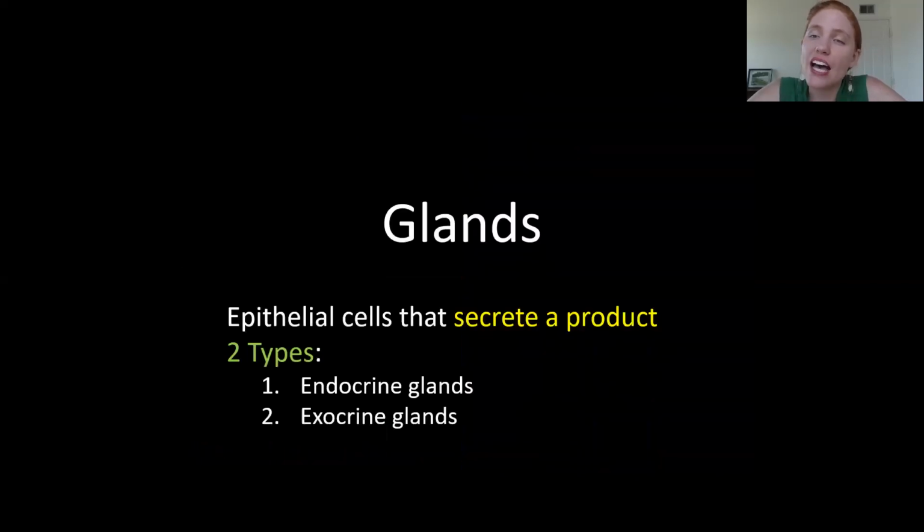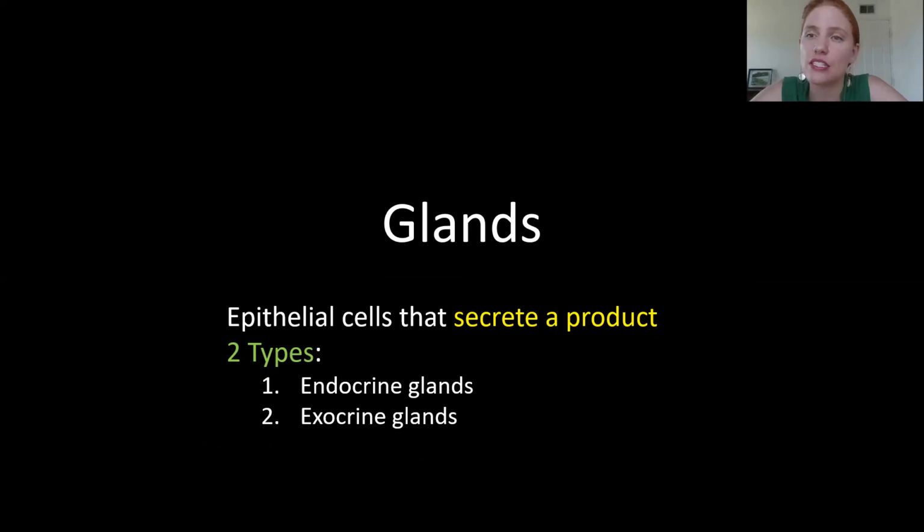Okay, the last little piece of the epithelial lecture that I need you to understand is that the glands that we're going to talk about throughout the semester, glands are derived from epithelial tissues. And there are two different types of glands. We have endocrine glands and we have exocrine glands.